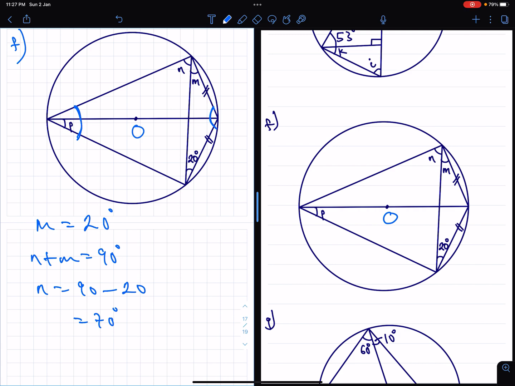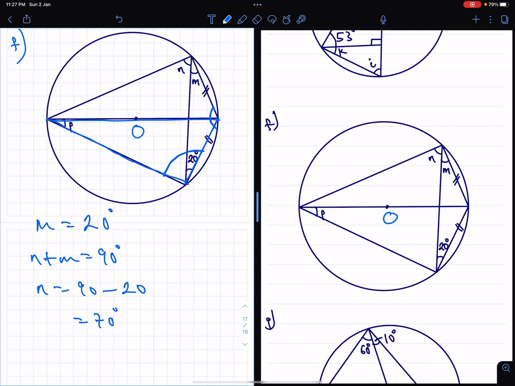This is 20, that's 20. This is P. Oh, that's correct. Now I got it. The whole of this is also 90 degrees because it's also in a semicircle. We can see that this length and this length form a triangle with the diameter of the circle.